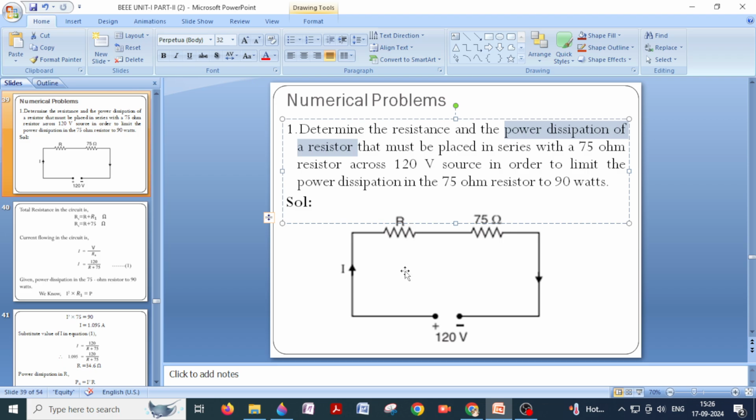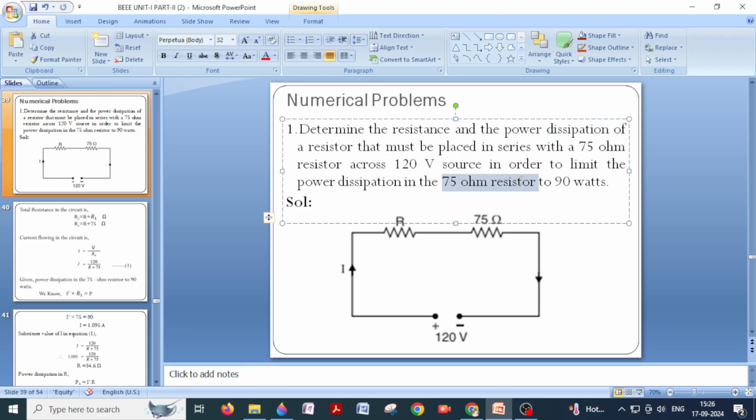P is equal to V into I. Power is equal to voltage into current. This resistor is placed in series with the 75 ohms resistor across a 120 volt source. Source voltage is given, that is 120 volts. This resistor is dissipating power in the form of heat, that we already know.